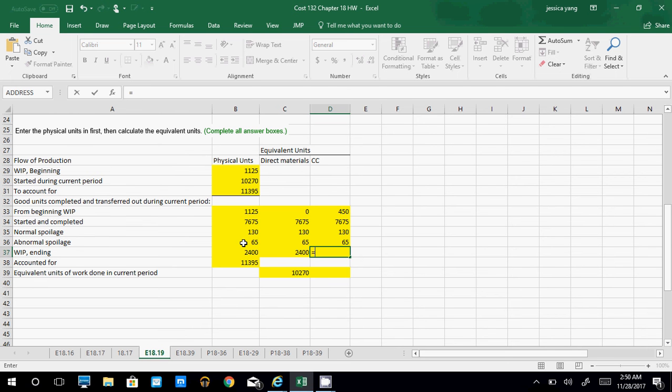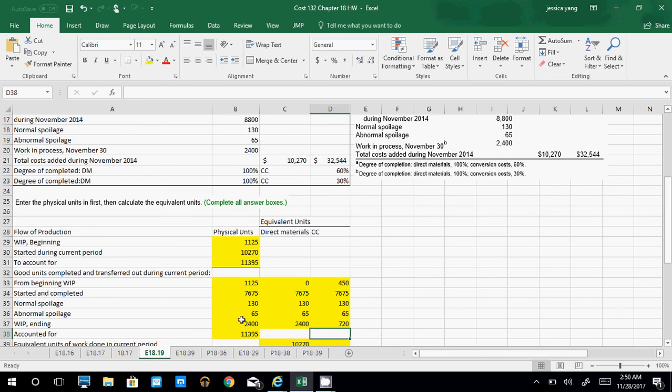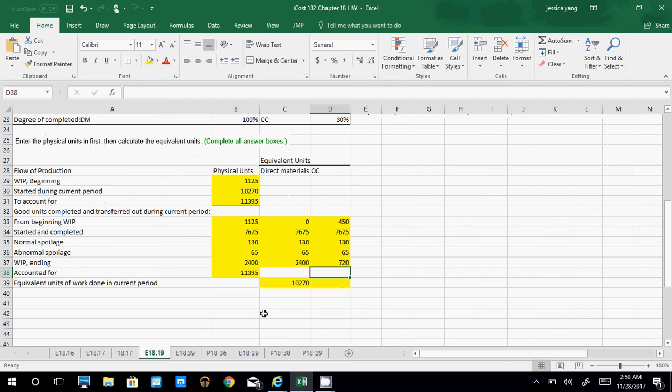Now to get the work in process ending, we take 2,400 units of physical units and multiply that by the 30% degree of completion for the conversion cost, which gives us a total of 720 equivalent units for work in process ending.